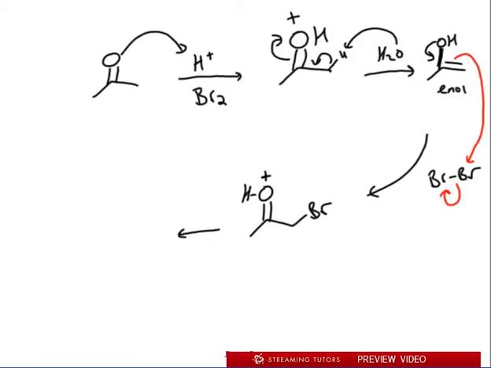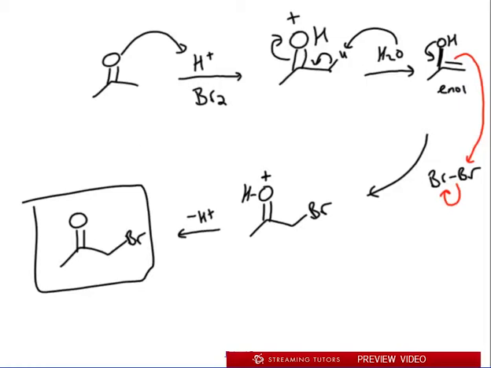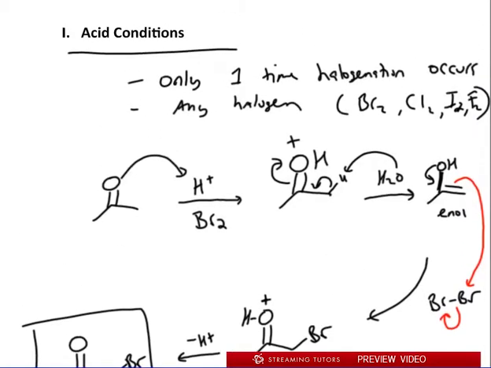It could be water, it could be Br. I could just write minus H plus, meaning I don't care. Some base pulls it off, who cares, and we're good to go. You could do that on your test. You don't have to show exactly who pulled it off. You see the point? This is the product right here. You have a monohalogenated product. Only one time does halogen come in.